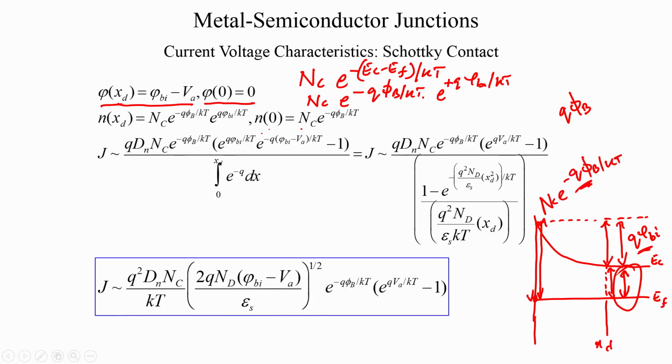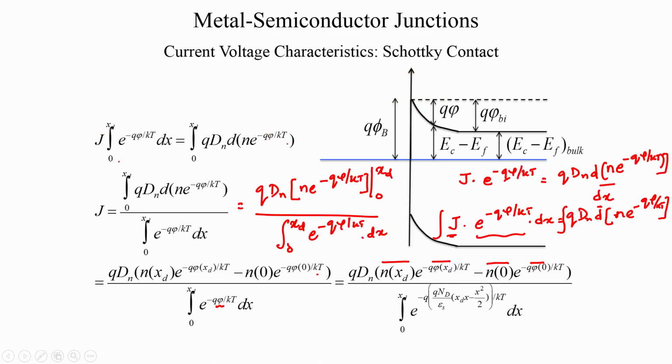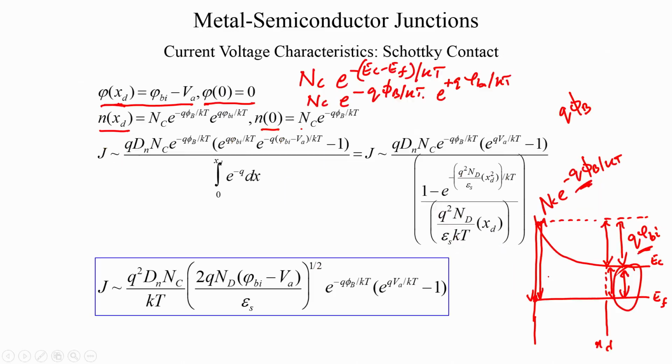So, we now have n at xd, we have n at 0, we have phi at xd and phi at 0, and we now substitute these 4 parameters in your expression. In the previous slide, if you look at the expression here, we have to calculate these 4 parameters. We now have defined all 4 of them. We substitute them, and we will end up with the numerator having a term like this, okay.